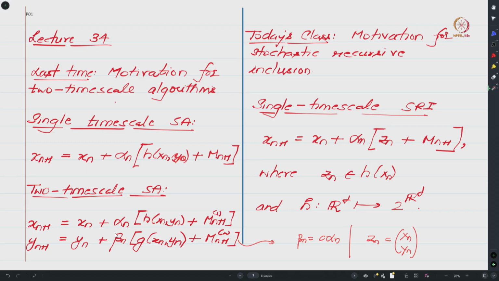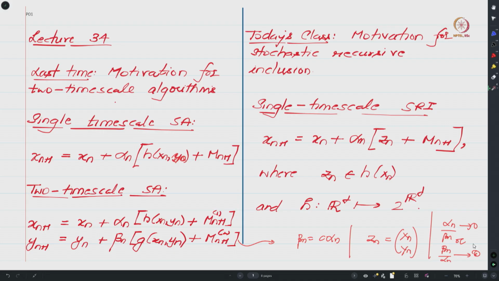In particular, the different choice of orders will imply that either your alpha n over beta n goes to 0 or beta n over alpha n goes to 0. So either this goes to 0 or the inverse ratio actually goes to 0. So in this case your alpha n decays much faster than beta n. On the other hand, in this scenario your beta n decays much faster than alpha n.